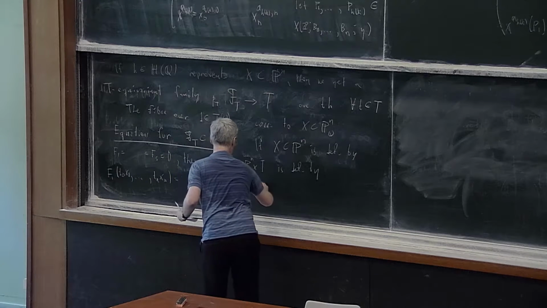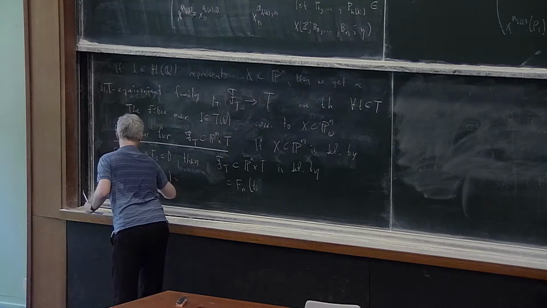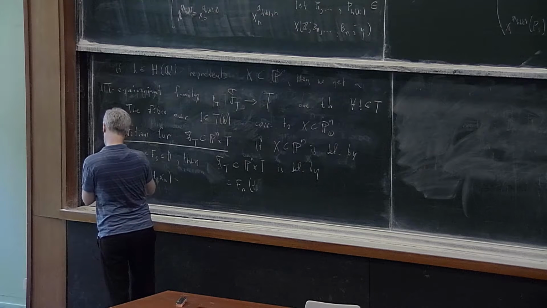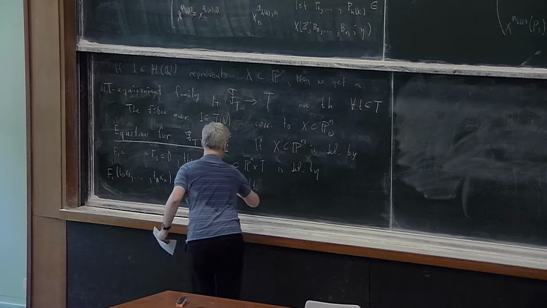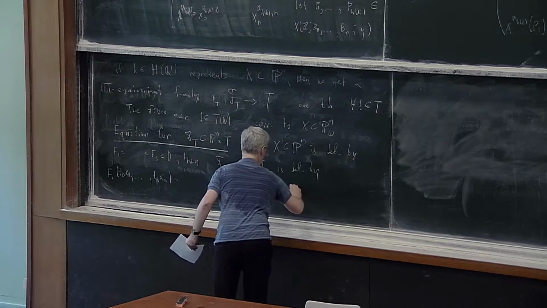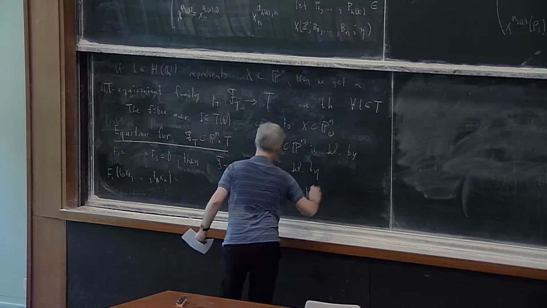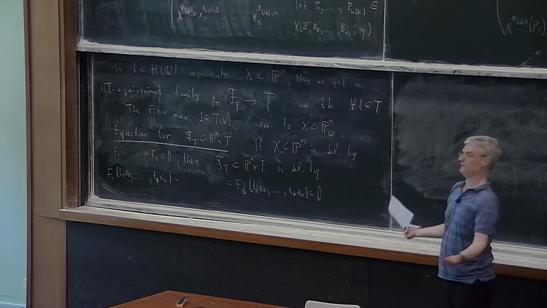And here, did I write it correctly? Yes, fs of t0 x0, ..., tn xn equal to 0. So it's a very simple construction. I mean, you can phrase it without this abstract nonsense.